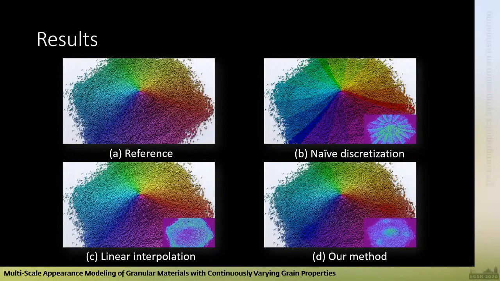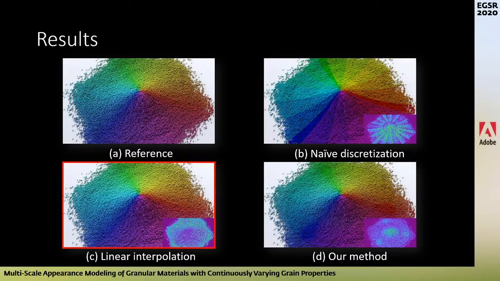We provide another set of comparisons to show the effectiveness of our method. This example involves a material of grains with gradually changing colors and densities. A naive solution to approximate the appearance is to discretize the grain optical properties into a number of bins and pre-compute the original GSDF and RT parameters on a per-bin basis. However, this leads to noticeable discontinuities.